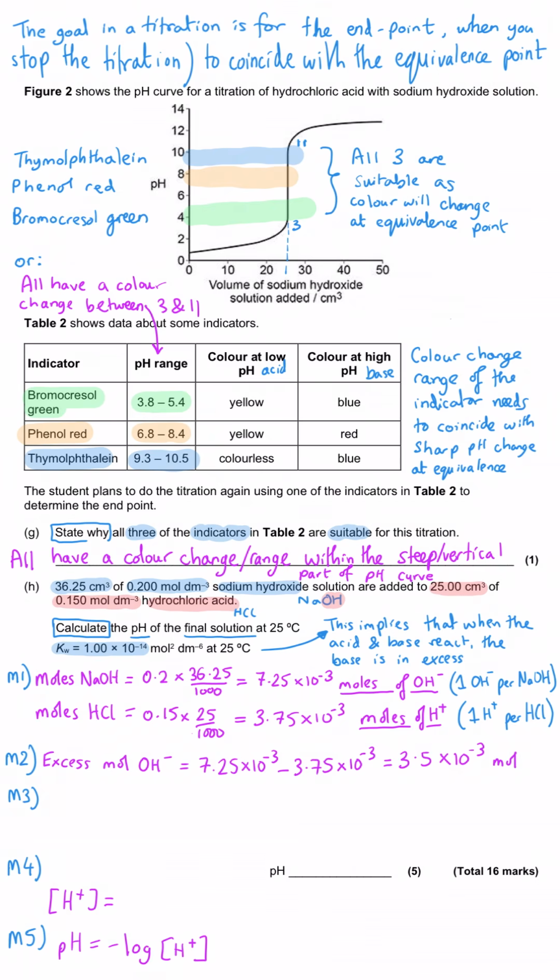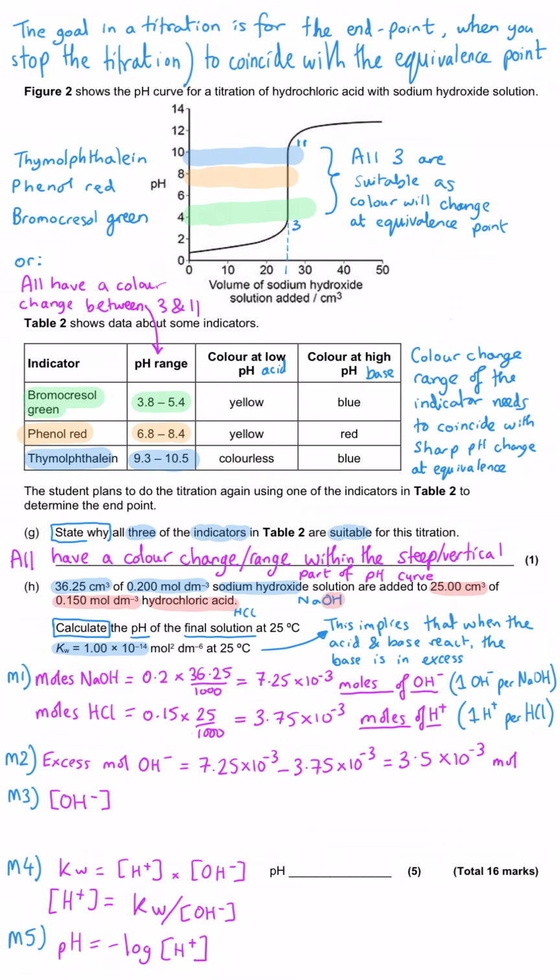And since we're using a base now, we know that the base is in excess, and that means we are using the Kw expression, and so Kw is H plus multiplied by OH minus, and so there H plus is equal to Kw, which we've been given, divided by the hydroxide ion concentration, which tells us that mark number 3 must be to work out what that hydroxide ion concentration now is.